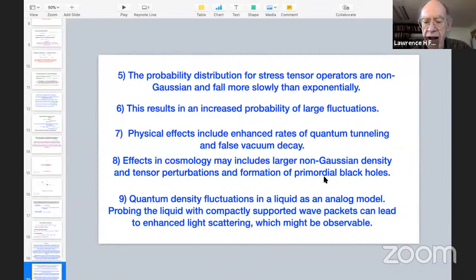I don't know how well that experiment has been reproduced by others or not, but at least that's a way of understanding gravitational effects like the Hawking effect through analog fluid models.